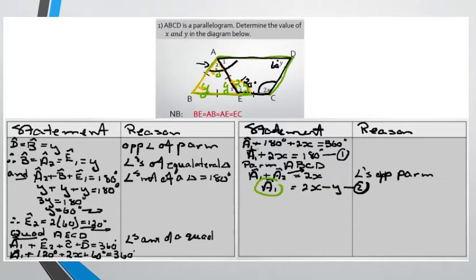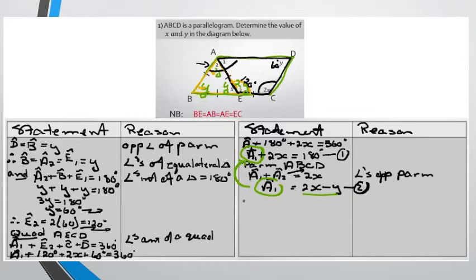Now I'm having two equations, and the part I'm interested in is here I'm having an A1, and in this equation there I'm having an A1. So I'm going to take this answer of this A1 and I'm going to substitute it into that value down there. Let me first write equation 1 down.